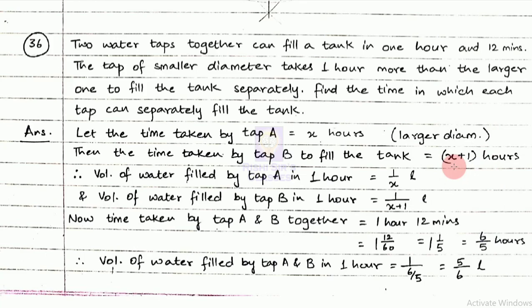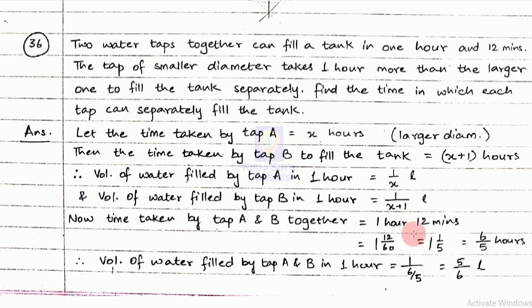Now we cannot add time, so we will use the concept of volume of water. Volume of water filled by tap A in 1 hour, that means rate. We are finding the rate of filling water, that is 1 upon x liter, the reciprocal of the time. In the same manner, volume of water filled by tap B in 1 hour is 1 upon x plus 1 liter, and both of the taps together take 1 hour 12 minutes.